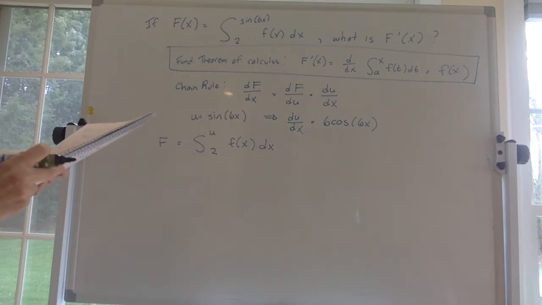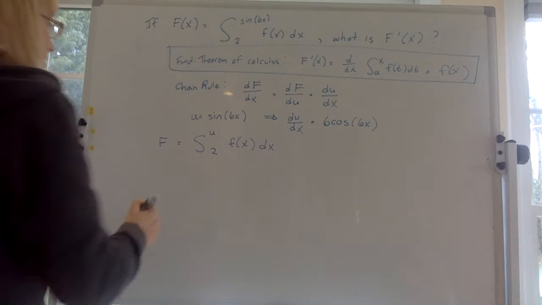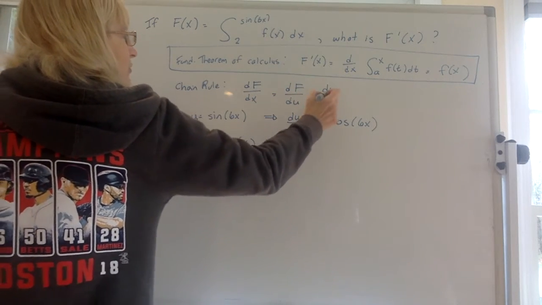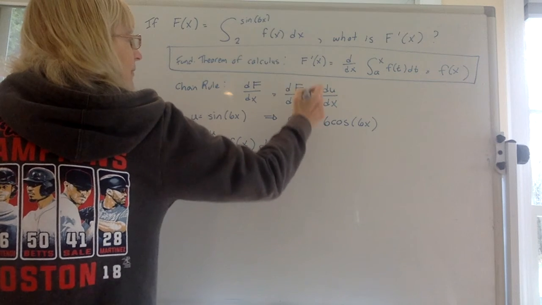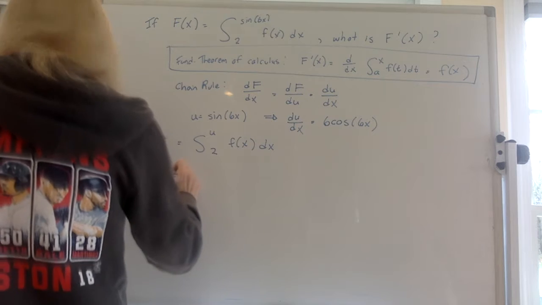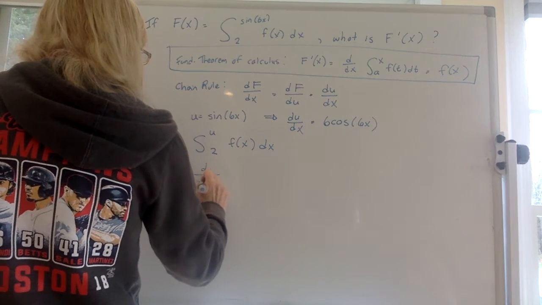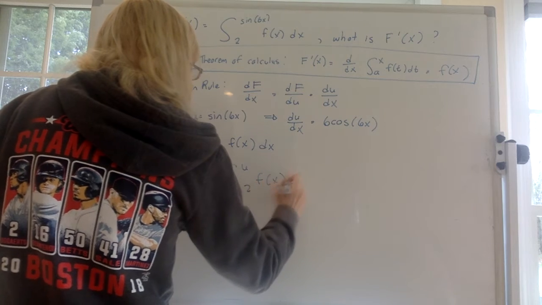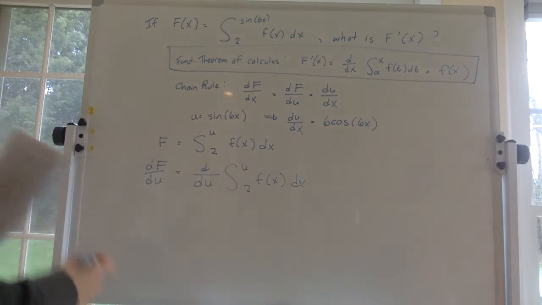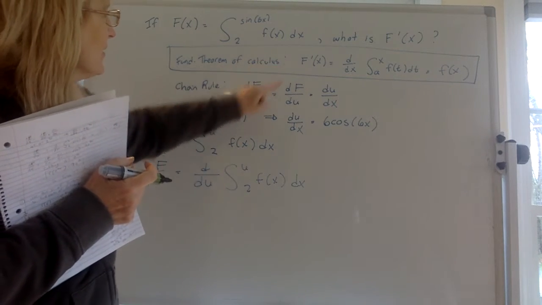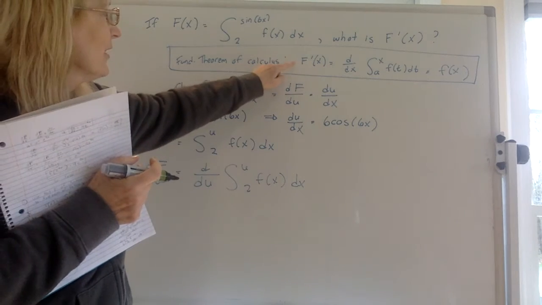So how do we find dF/du? We already know du/dx to use the chain rule. We have that. We have to find this. So dF/du is equal to the derivative of that with respect to u. And now you look at it and you go, that fits into the fundamental theorem of calculus.